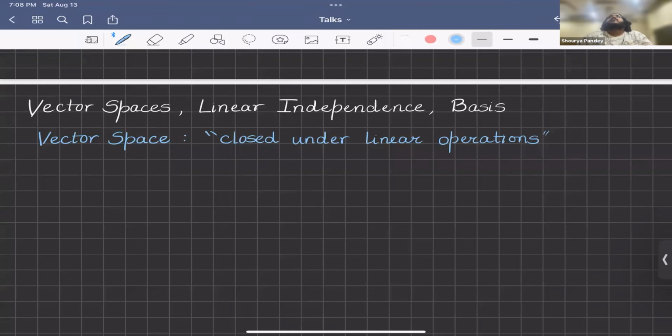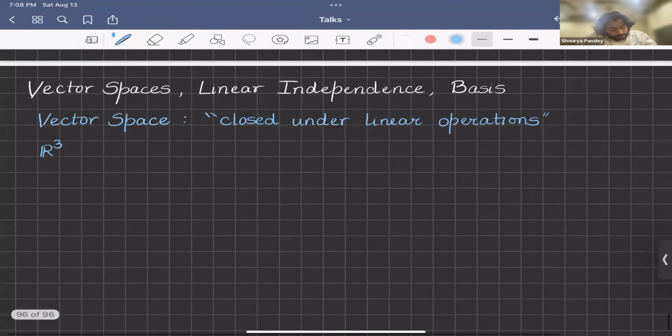In the beginning, let's just stick to R cube, which is the space of three-dimensional space. So I have a subset S of R cube. When is this a vector space?